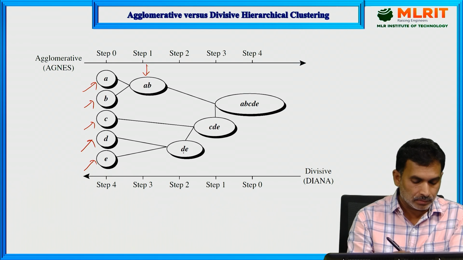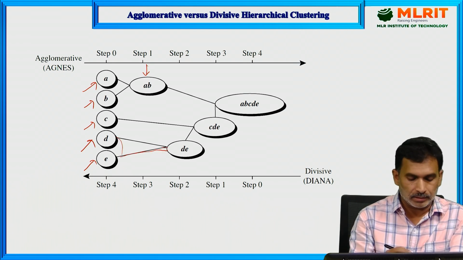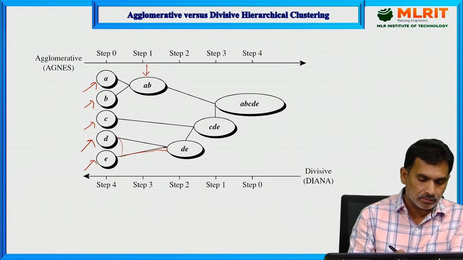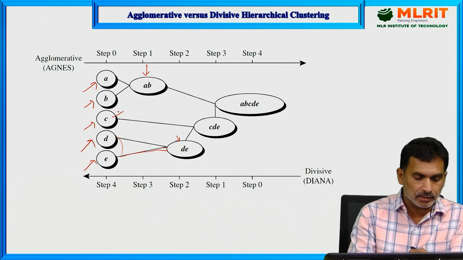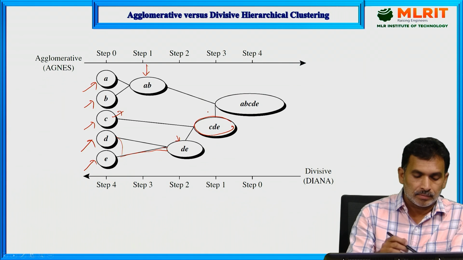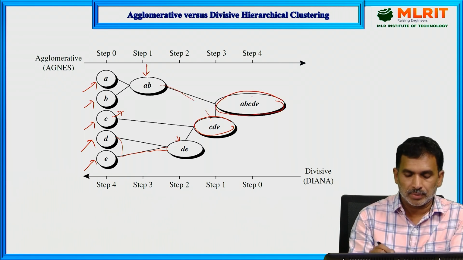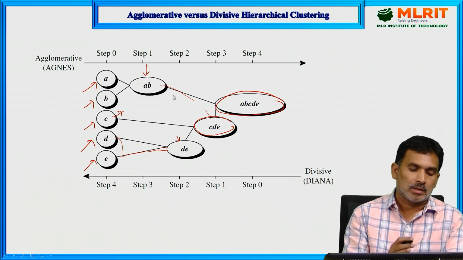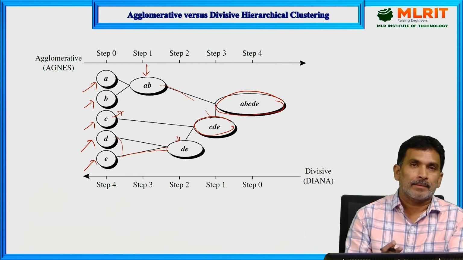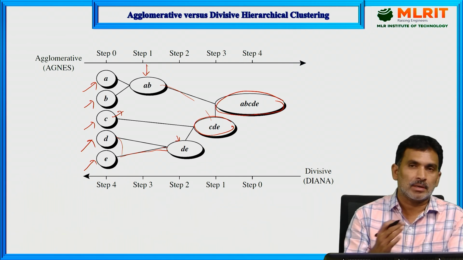In the third step, two other clusters are merged to make another cluster. Next we find the similarity between this cluster and another cluster, and they are merged to form a new cluster. At each step, individual clusters or clusters are merged to form a new cluster. That is a bottom-up approach.